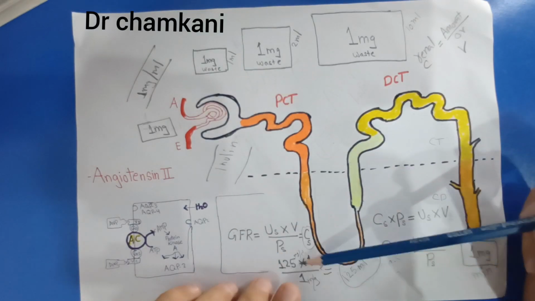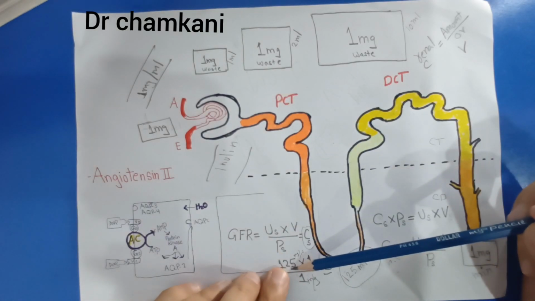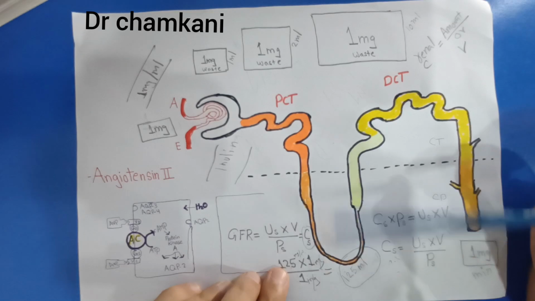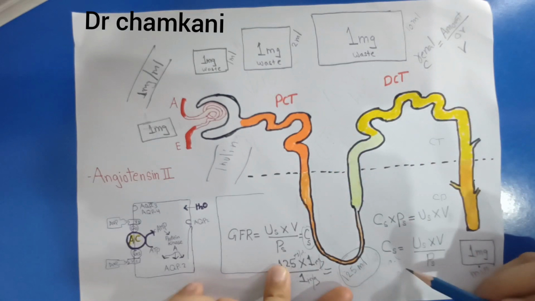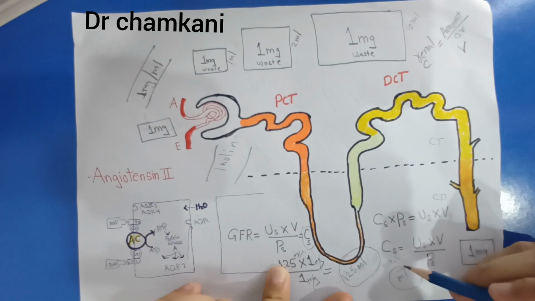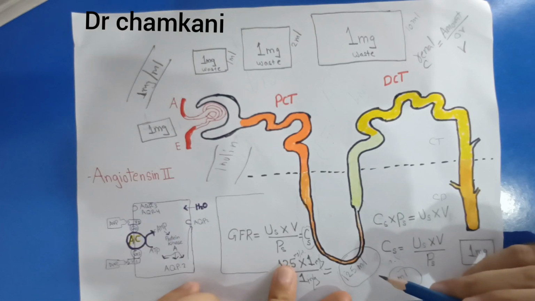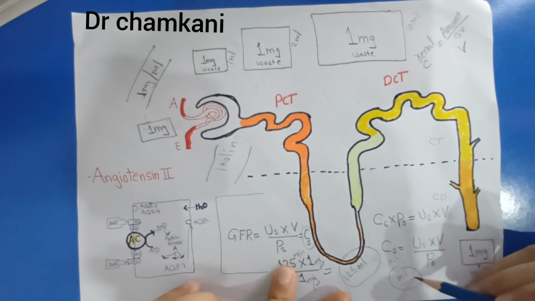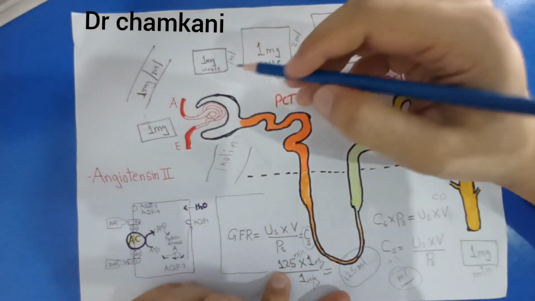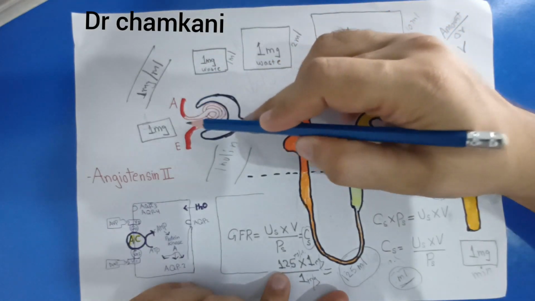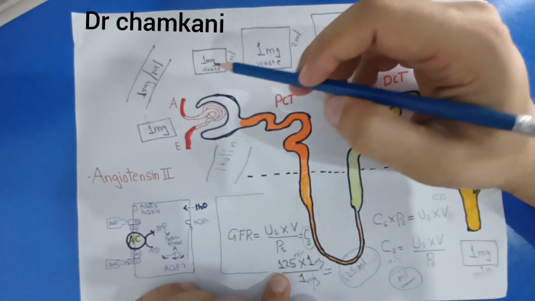And finally, when we measured the urine concentration, it was 125 milligram per ml, but the total amount of urine that was formed was just 1 ml. So for 125 milligram of inulin in 1 ml of urine, 125 ml of plasma must have been filtered here.